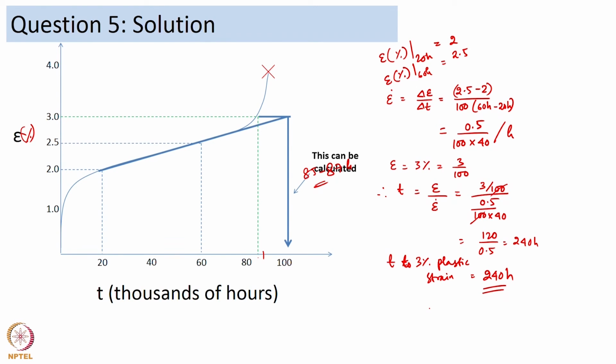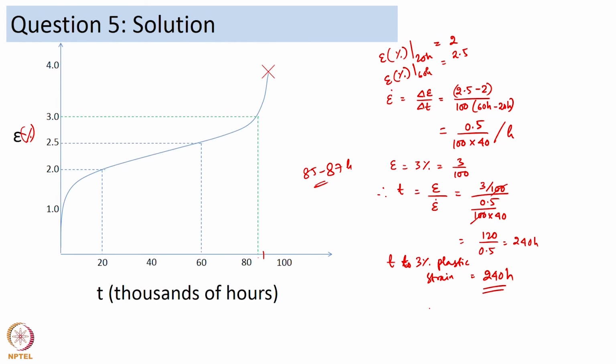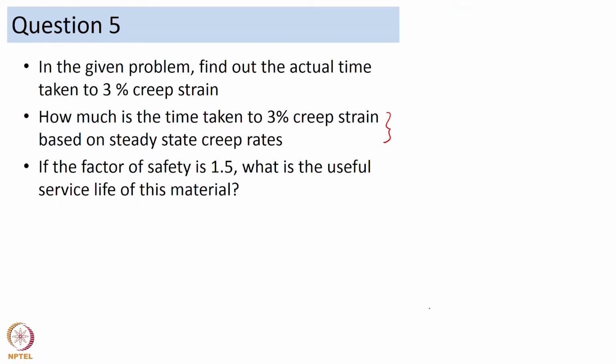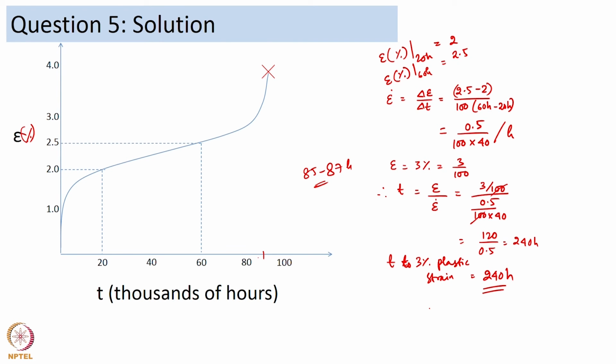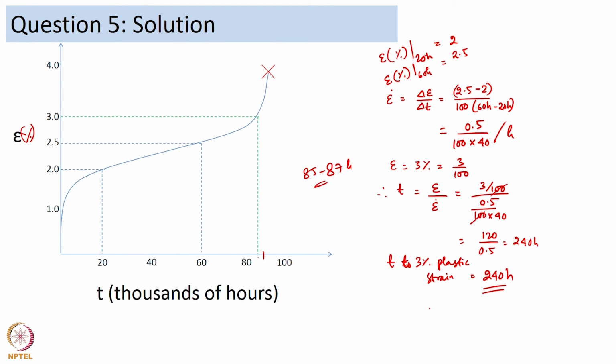So, that was part 2 of the question, and then let us look at part 3, which is the factor of safety. If the factor of safety is 1.5, what is the useful service life of this material? So, we are talking about 3% creep strain, and the factor of safety we are going to use is with respect to 3% creep strain.